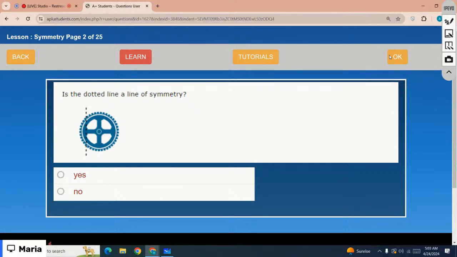Is the dotted line a line of symmetry, which is the correct option? The correct option is no, this line is not a line of symmetry.